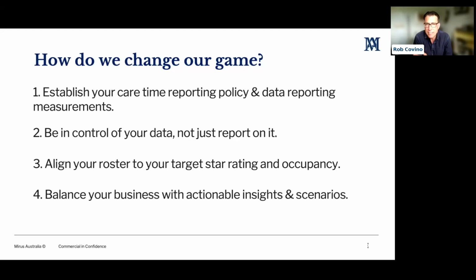So there are more data sets that providers need to be aware of and be monitoring in the context of forward-looking operations. And really that leads to the last and final step for changing the approach to AN-ACC and revenue management and compliance management, which is that unfortunately we can't roster behind us.